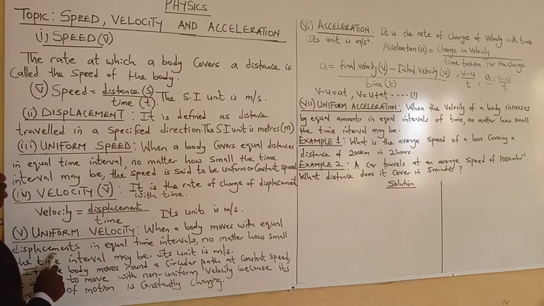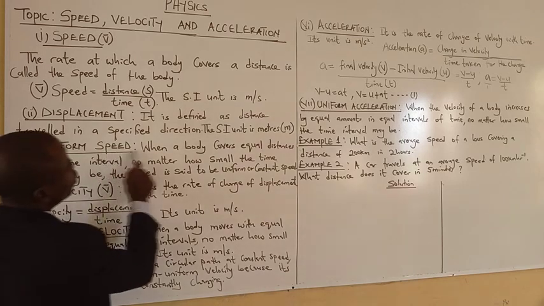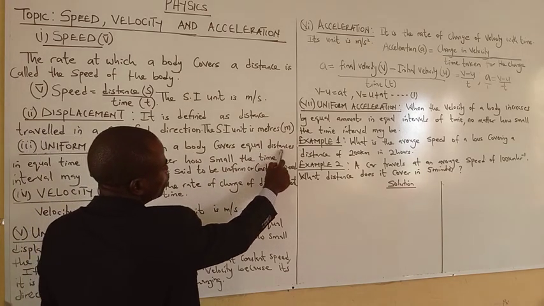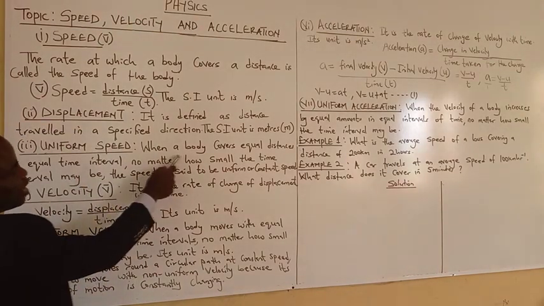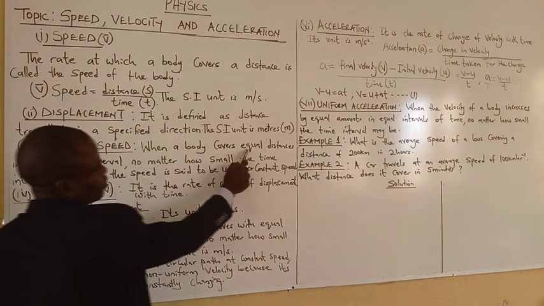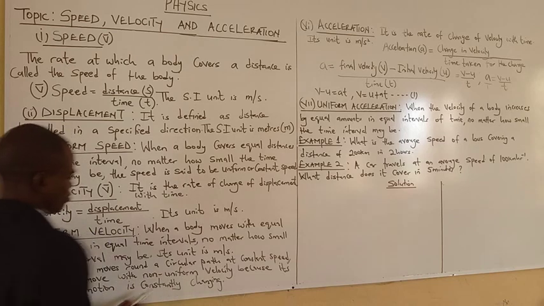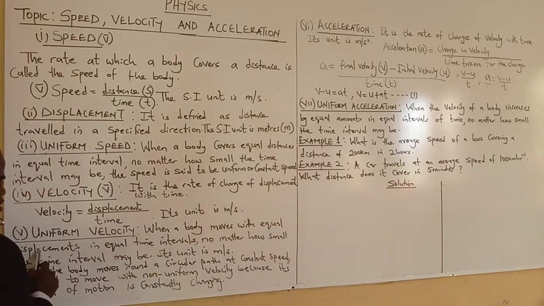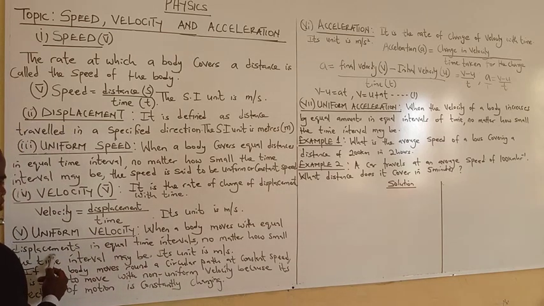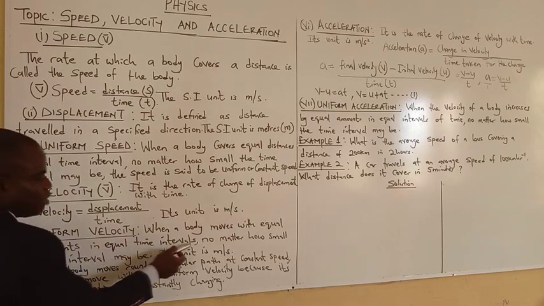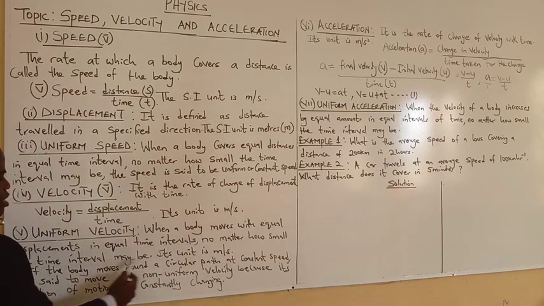There will be equal displacement here, but under uniform speed, we make use of equal distances because speed is a scalar quantity. Equal distances. Here under uniform velocity, equal displacement in equal time interval, no matter how small the time interval may be. Its unit is meter per second.